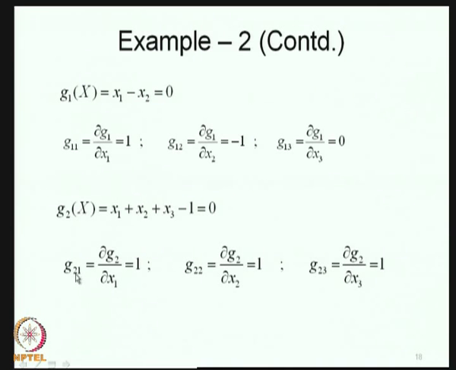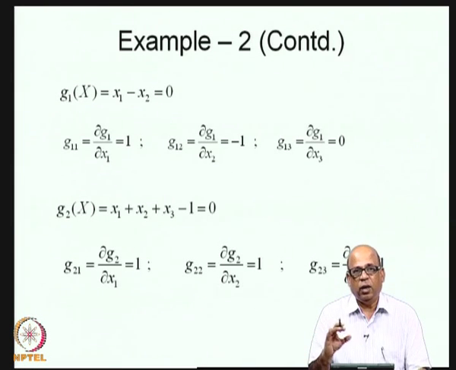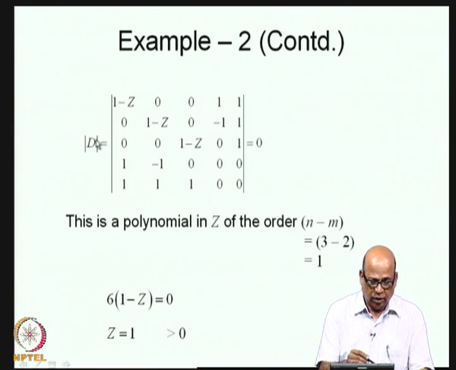So, the partial derivative of the second constraint with respect to the first variable is 1, with respect to the second variable is 1, and with respect to the third variable is 1. So, we have obtained the second order derivatives of the Lagrange function and the first order derivatives of the constraint functions. Let us formulate the determinant D.